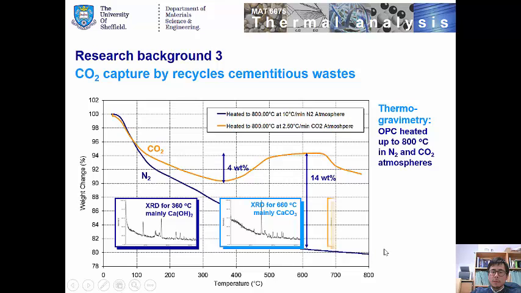Usually, these data are combined with different types of data, in this case, X-ray diffraction data. Again, at this stage, you may not understand fully, but hopefully you will understand after you study this part of the module.